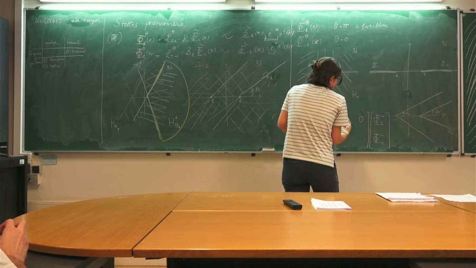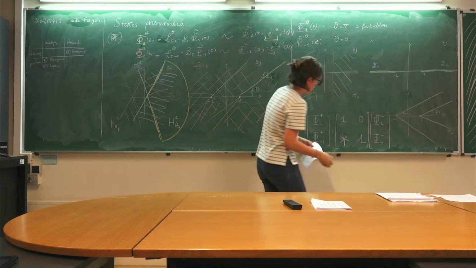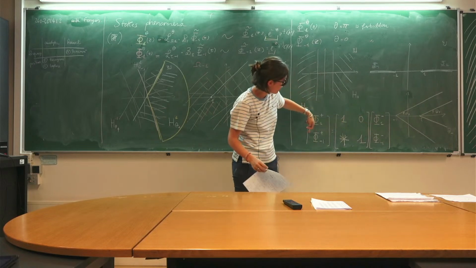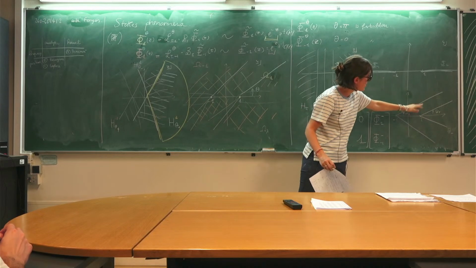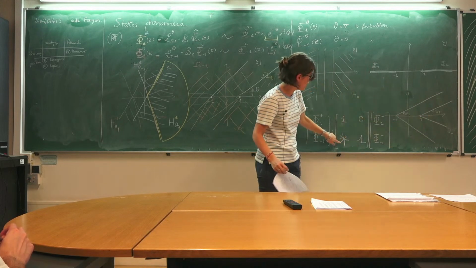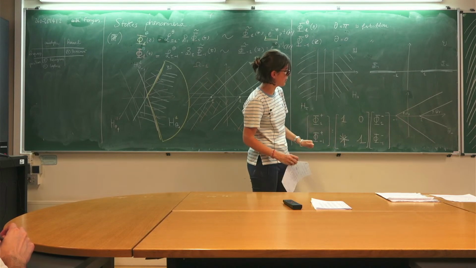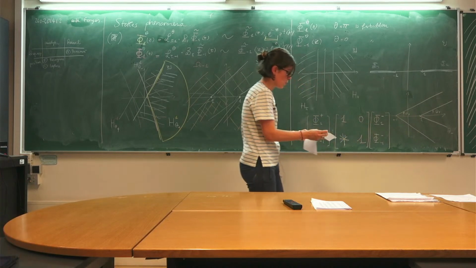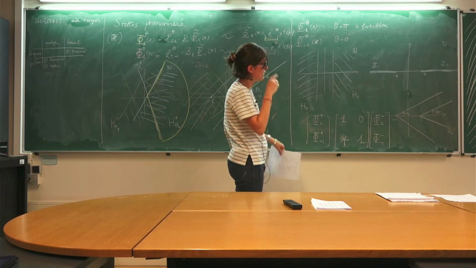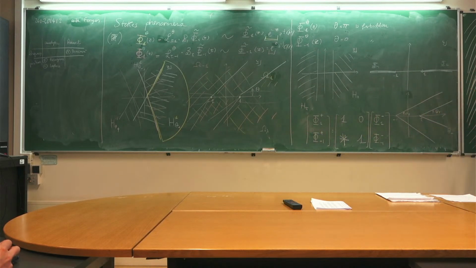So what you would expect is that here you get something. You may try to compare the two, but you will definitely pick up something that comes from the other solution. That's why there is this star, which I'm not making very precise. So there is an extra contribution that comes from this solution, and this is precisely what the Stokes phenomenon is telling you.